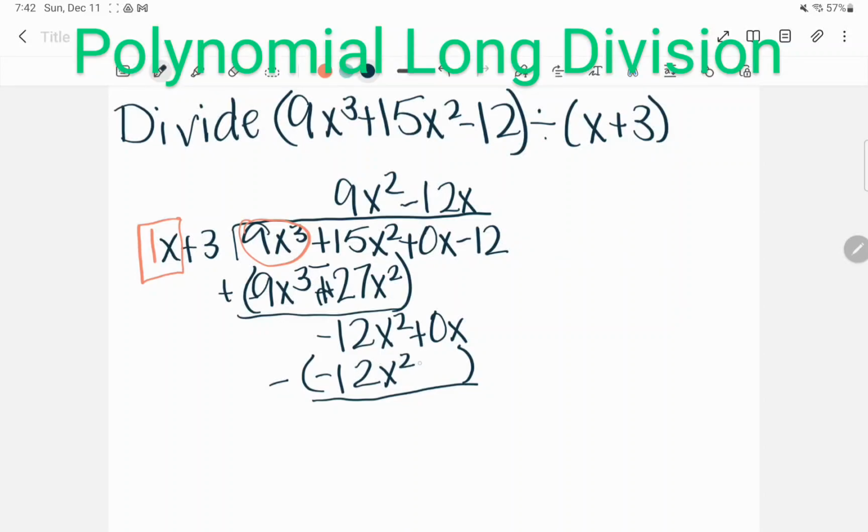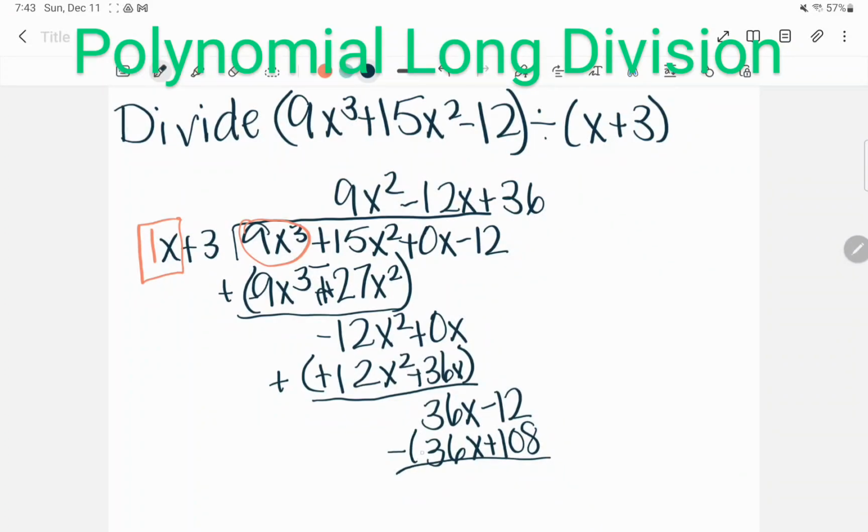And this will yield negative 36x. So I'm starting to get some rather large numbers here, but that's okay. I will have 36x, and bringing down my final number, negative 12. This will be plus 36, obviously. So I'll have 36x. And 36 times 3 is 108.